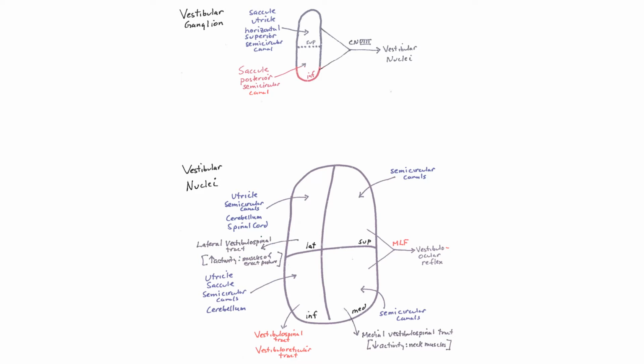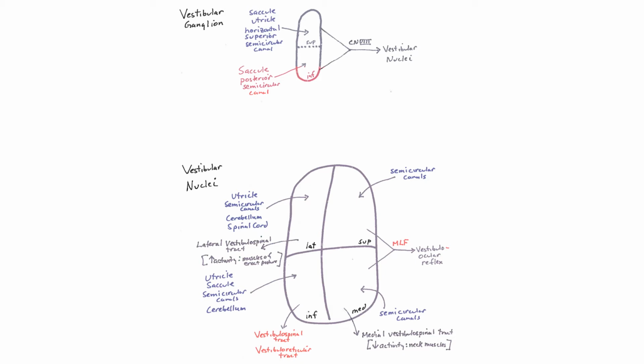Notice that the superior section is going to have fibers from the saccule, the utricle, the horizontal and superior semicircular canals, whereas the inferior part of the vestibular ganglion is going to have fibers from the saccule and the posterior semicircular canal.